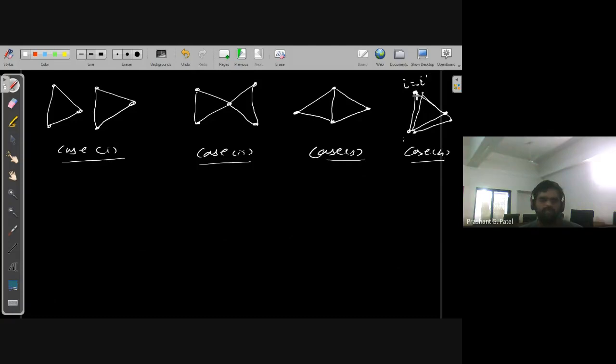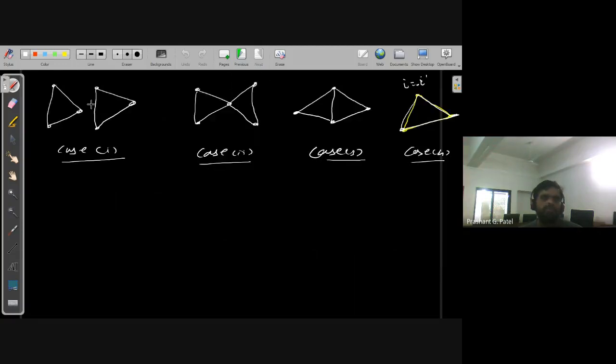I have just drawn the figure like this. Actually two triangles have been drawn, so there will be two triangles with the same vertices. It is two colors, that's why I used two colors.